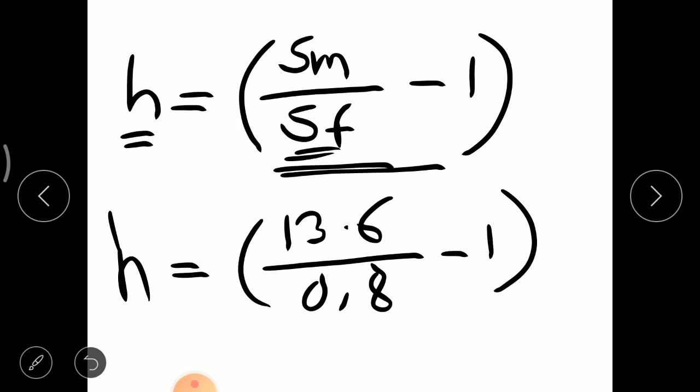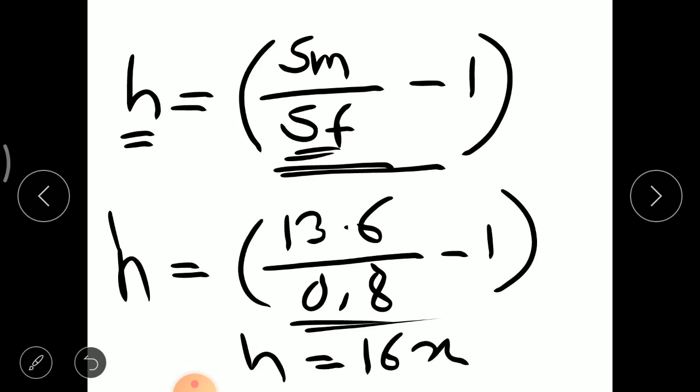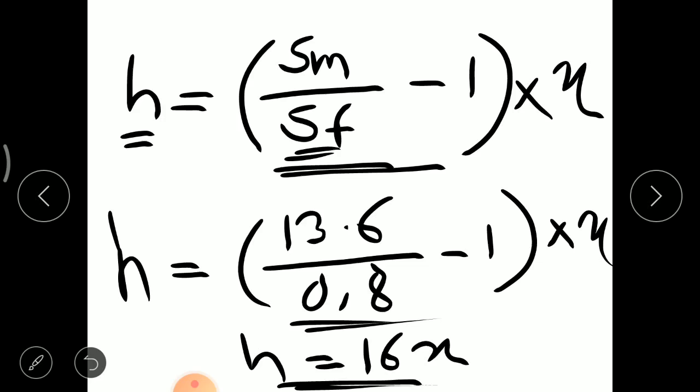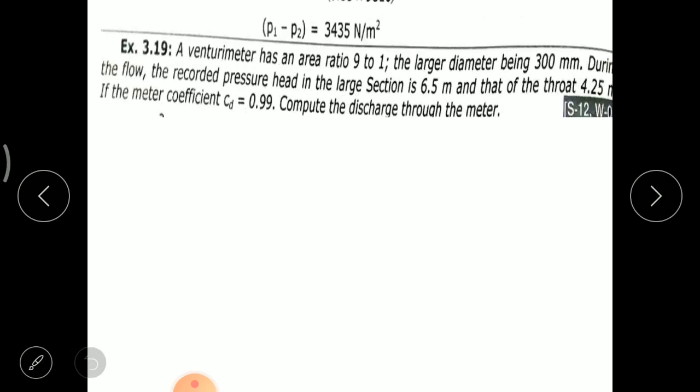By solving this expression, H is equal to 16x. Here x is the unknown. Up to here we have determined the difference of mercury level in meters, that is H is equal to 16 times x. And what is x? X is nothing but the difference of oil mercury, which we have to determine.